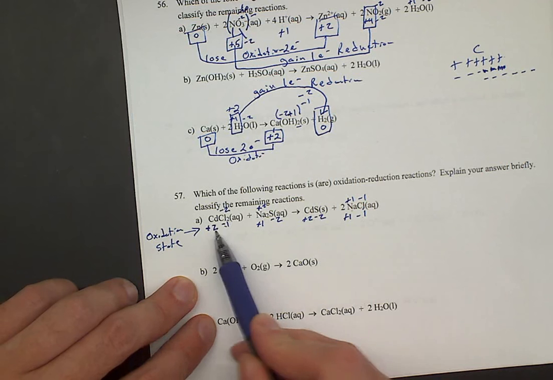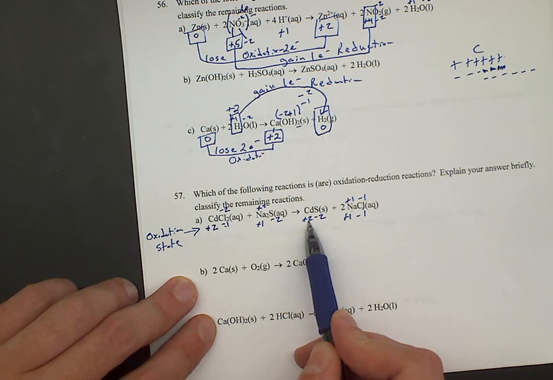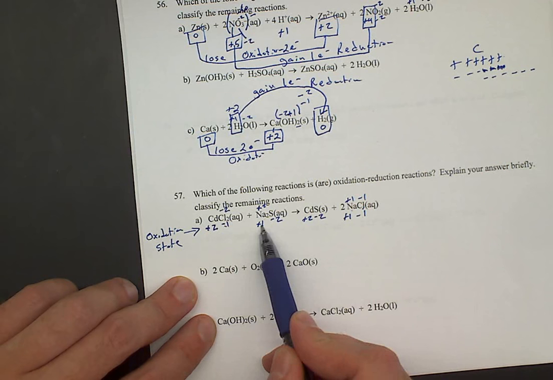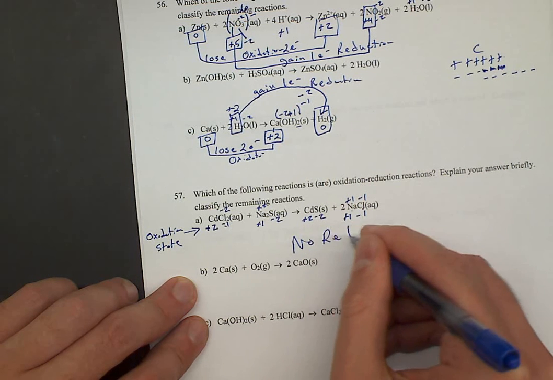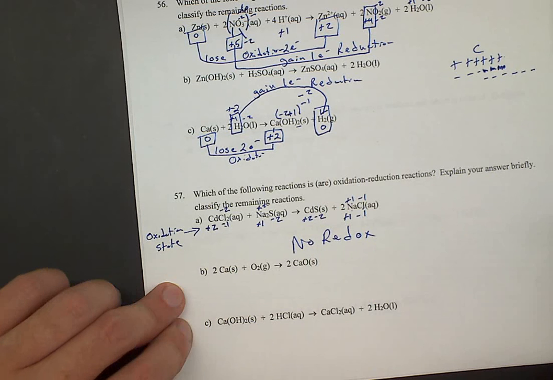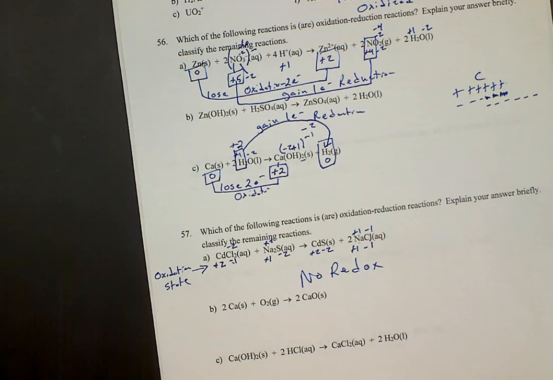Cd +2 as a product and a reactant, and the same for Na. So there's no redox here, and that's perfectly okay. We don't have to have that, but in this case we don't have a transfer of electrons from one element to another. We just have a switching of compounds. So this is actually a double replacement in our traditional terms. Okay, so there's some overview and some help on some of those.